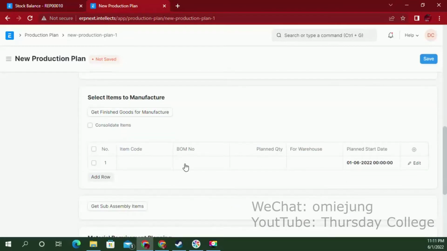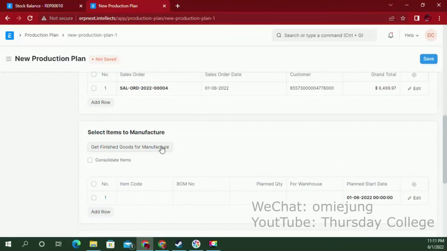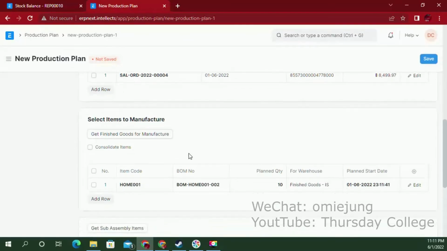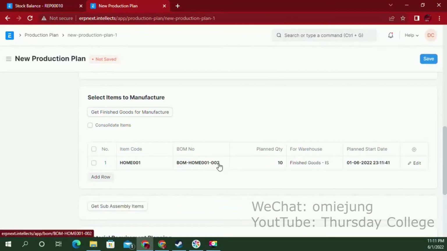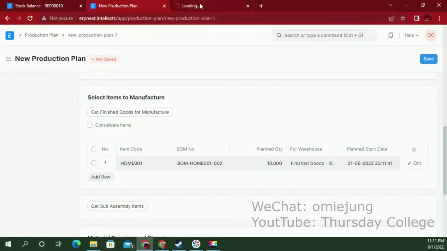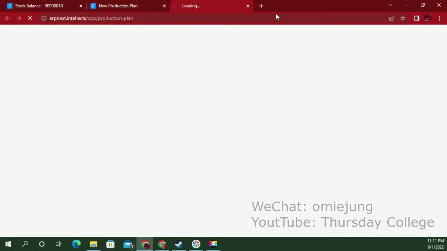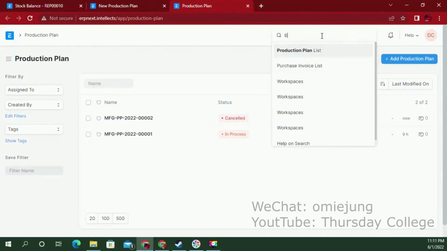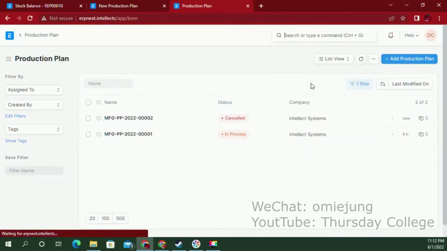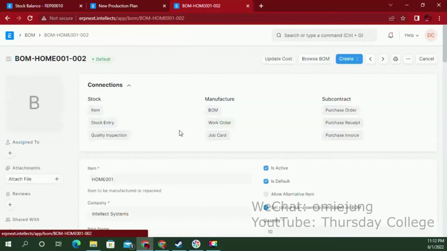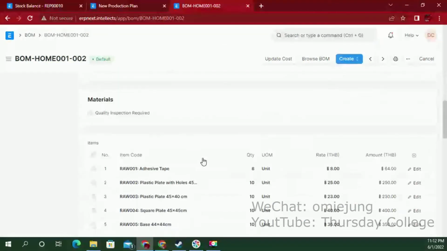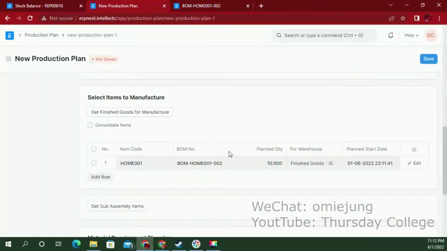Okay, and then we get the goods to finish, and this time you use the correct one already. You use the BOM that is, let's say, we can check in another window. Okay, so we use the BOM that is number 2, that usually makes 8 units.